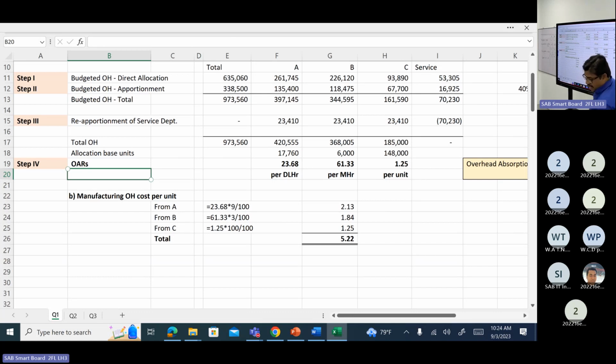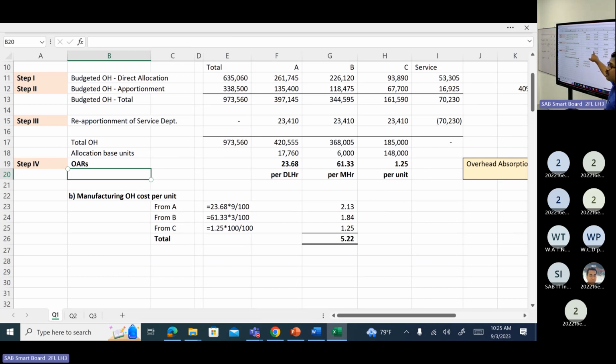Department A, the question itself gives Department A 10 direct employees who work 37 hours per week. And we can see the total hours. 10 into 37 per week, 370. There are 48 weeks worked per year. 17,760.